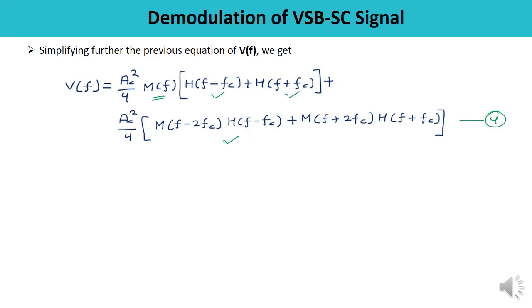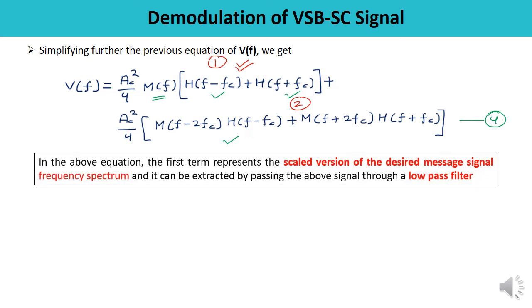So this first term is nothing but the scaled version of the desired message signal. This first term I am talking about, and this is the second term. So the first term is the scaled version of the desired message signal frequency spectrum, and when this overall term is passed through a low pass filter, then at the output of the low pass filter we will be getting the term 1.